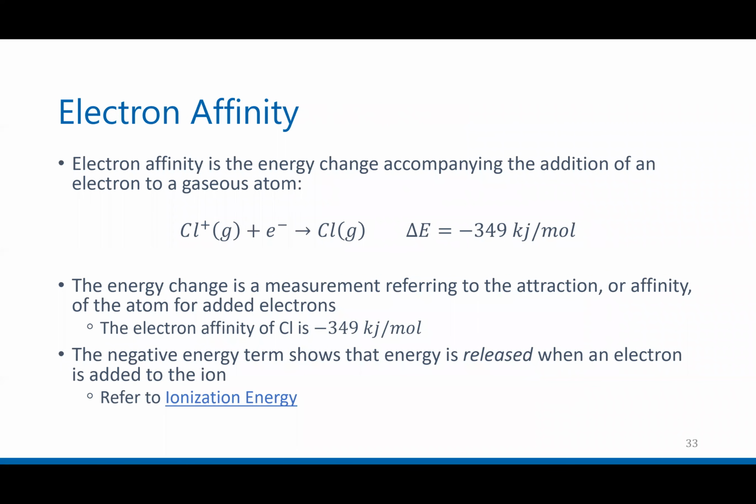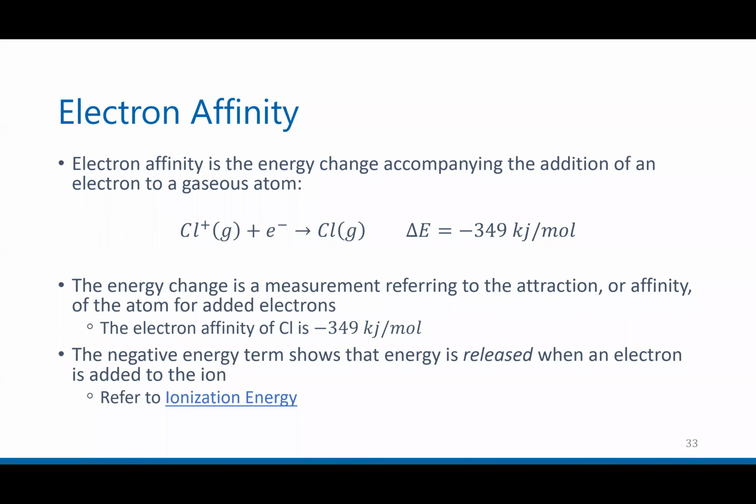All right, so last trend. What is electron affinity? The fancy definition is, I'll read it, but I'll give you an easier one. Electron affinity is the energy change accompanying the addition of an electron to a gaseous atom, but just say to an atom. Let's think about this more simply. The word affinity in English is how much you are attracted to something.